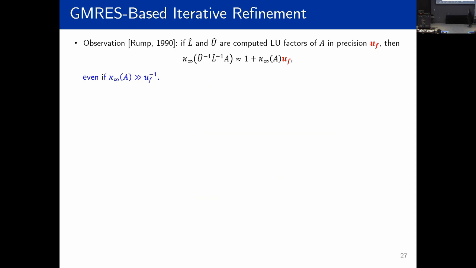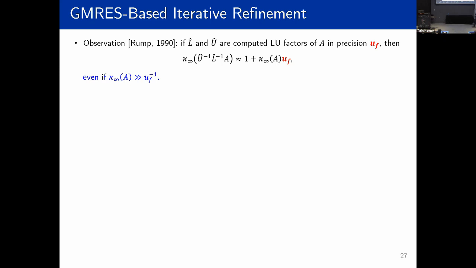This leads to what I'll call GMRES-based iterative refinement. It's based on an observation made by Siegfried Rump and others that if L hat and U hat are the computed LU factors of A in some precision u sub f, then the condition number of the left preconditioned system using these LU factors as preconditioners is reduced by about a factor of u sub f times the condition number of A. This is true even if A is much more ill-conditioned than the factorization precision.